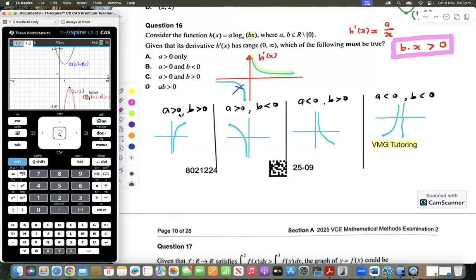That's why when your graph goes into this direction, your x values are negative. Okay, your x values are negative here. Therefore, if you want to satisfy this scenario here, it is satisfied with this condition, right? It is satisfied with this condition.